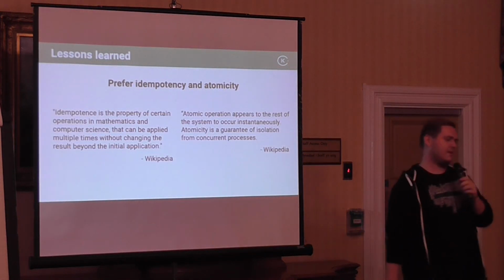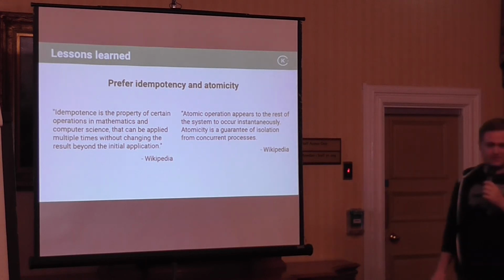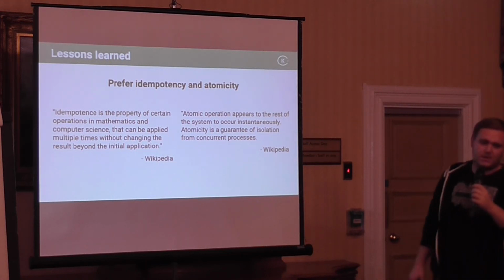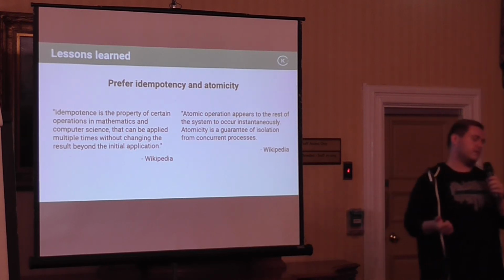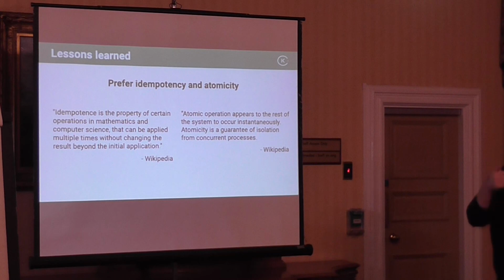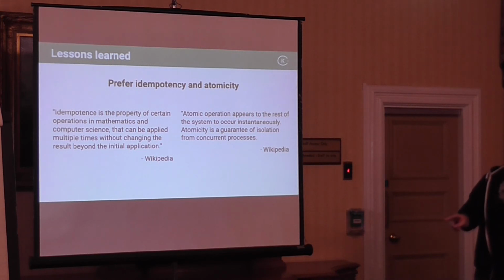Prefer idempotency and atomicity. My brain is lazy, so I took the definitions from Wikipedia. Simply said, idempotence is a thing that when you hit, in our terms, an API twice, it will always produce the same result. It won't pay twice the same amount, or withdraw twice the same amount from a credit card.